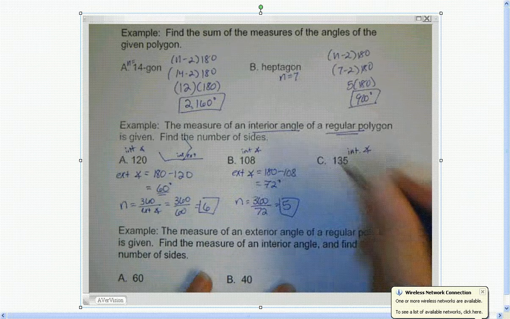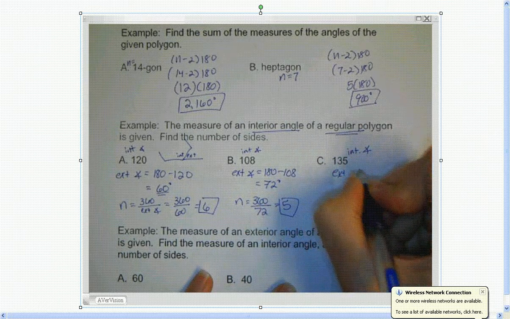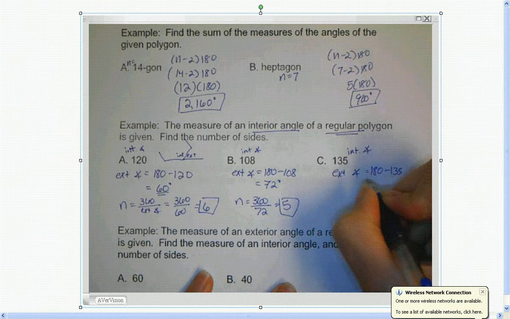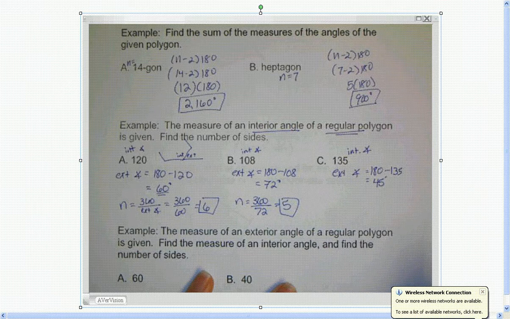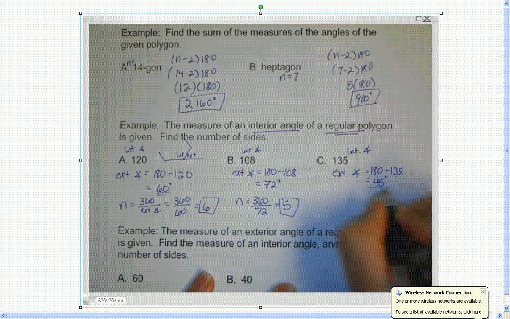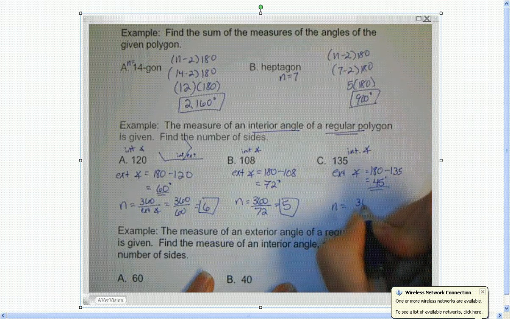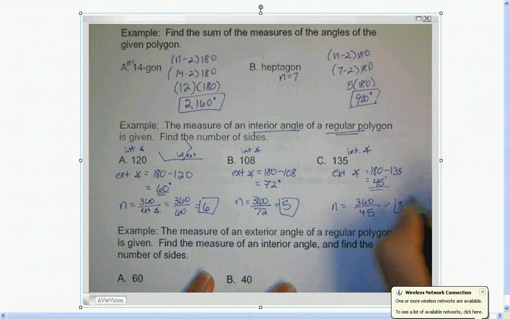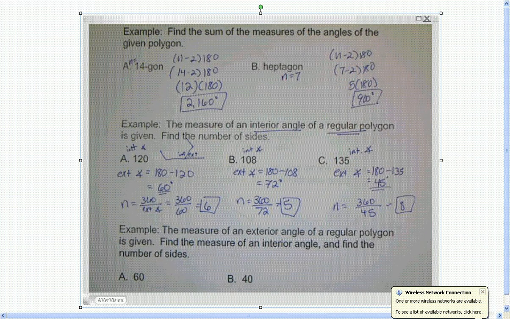My exterior angle here is going to be 180 minus 135, which is 45 degrees. How do I find n? 360 divided by 45, you're going to get 8. So that's an octagon. Notice it's pretty simple to find these if I know exactly which ones I have, and it's all because we have regular polygons.